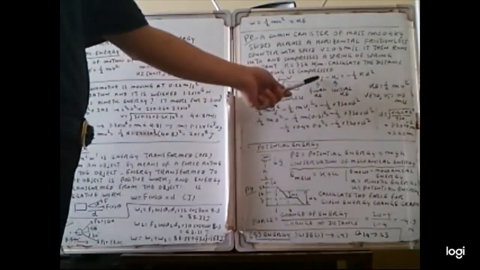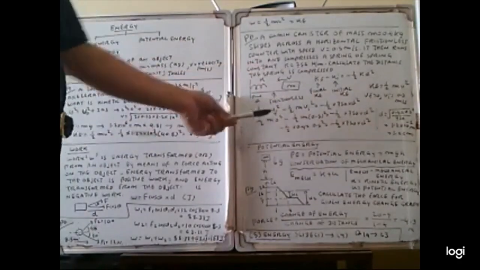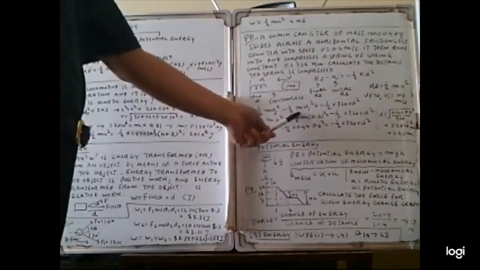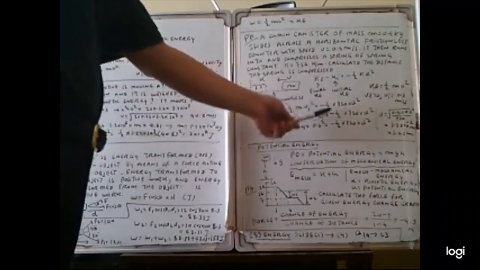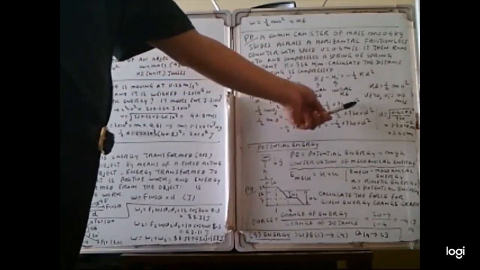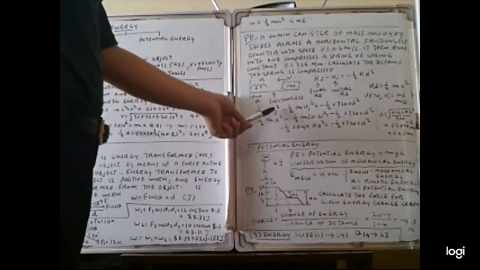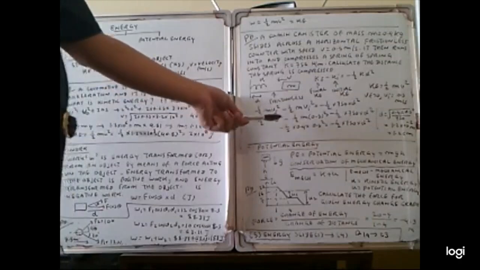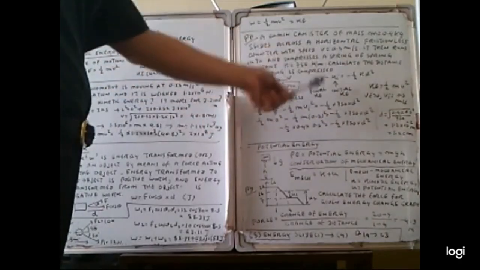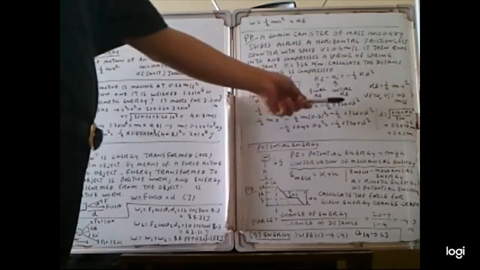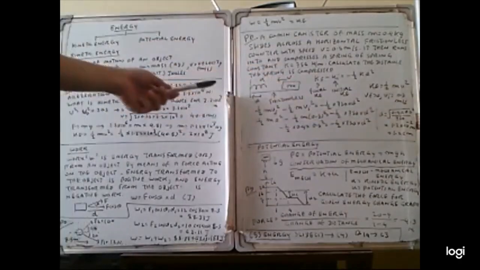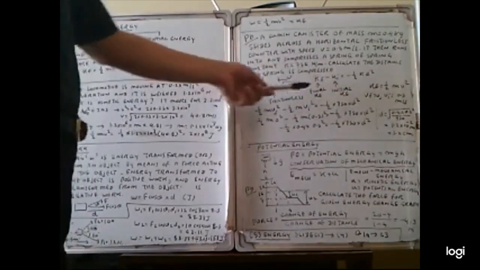So Kf is equal to half m vf squared, Ki is equal to half m vi squared, minus half k d squared. So we can substitute. The final velocity vf is 0, the initial velocity vi is already given as 0.5 here, and 756 is the spring constant k, and d squared.